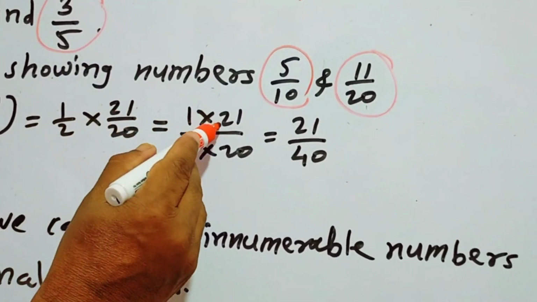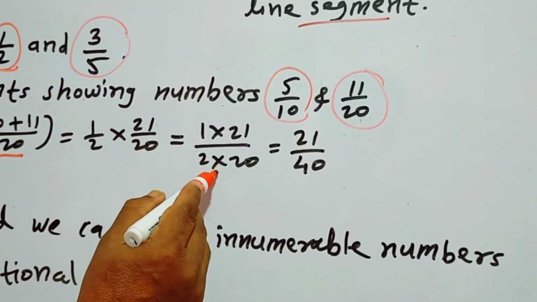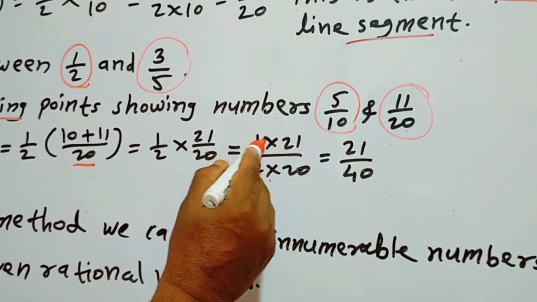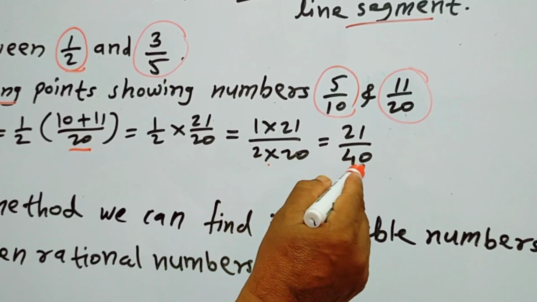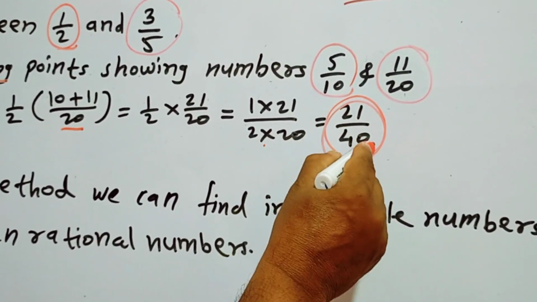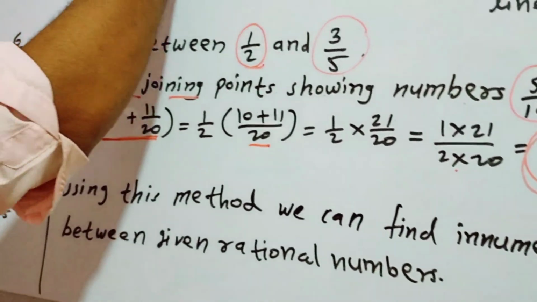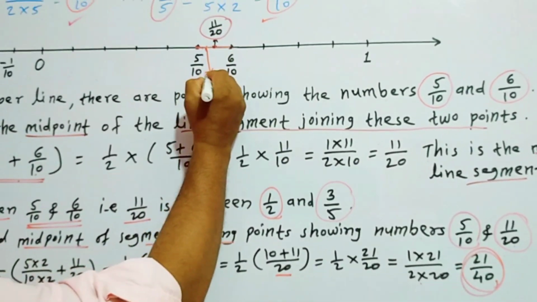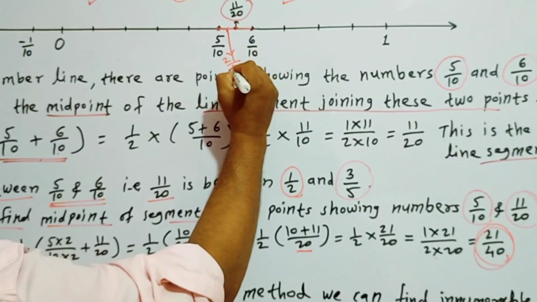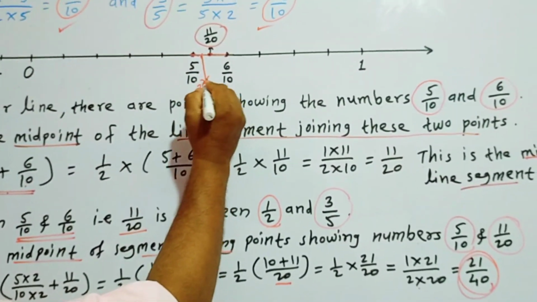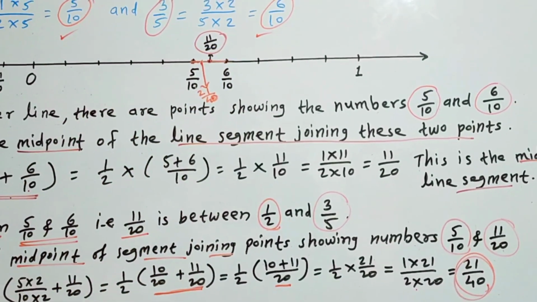Now 1 into 21 upon 2 into 20 by taking multiplication. 1 into 21, 20 into 2 is 40. So 21 upon 40. It will come between 5 upon 10 and 11 upon 20.